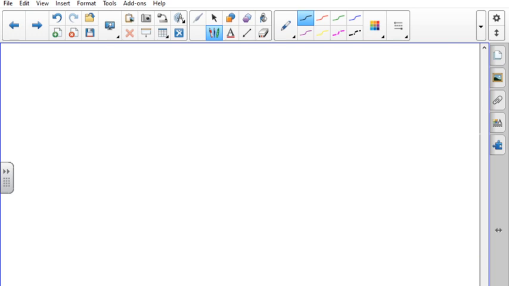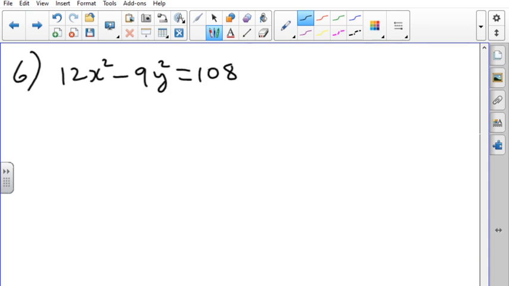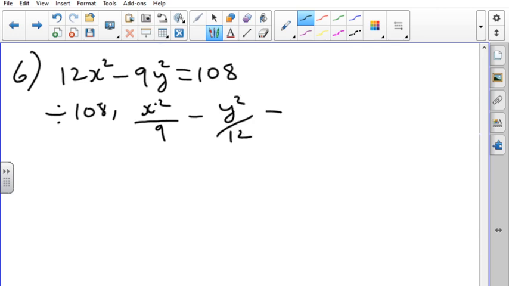So what is given? Hyperbola 12x square minus 9y square is equal to 108. Divide throughout by 108, we get x square by 9 minus y square by 12 is equal to 1. So a square is equal to 9 and b square is equal to 12.